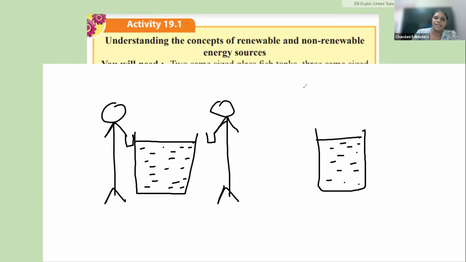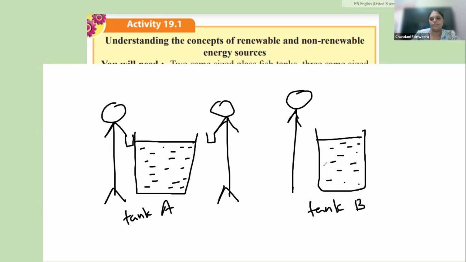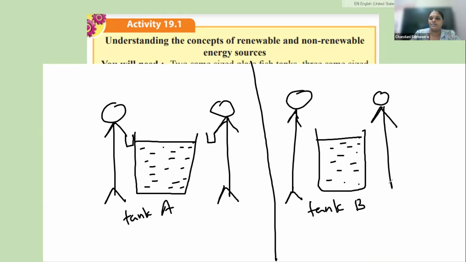And at tank B, another two students are there. Here, one student has a bigger cup, and the other one has a smaller cup.